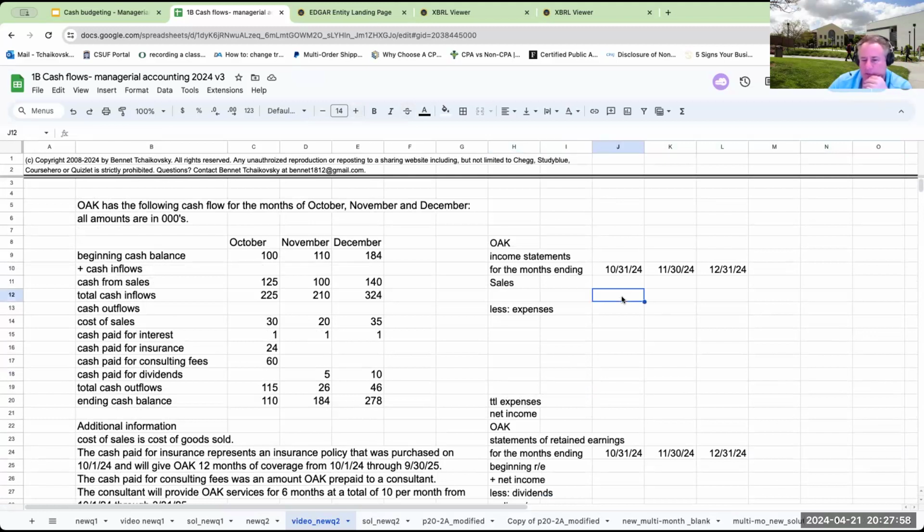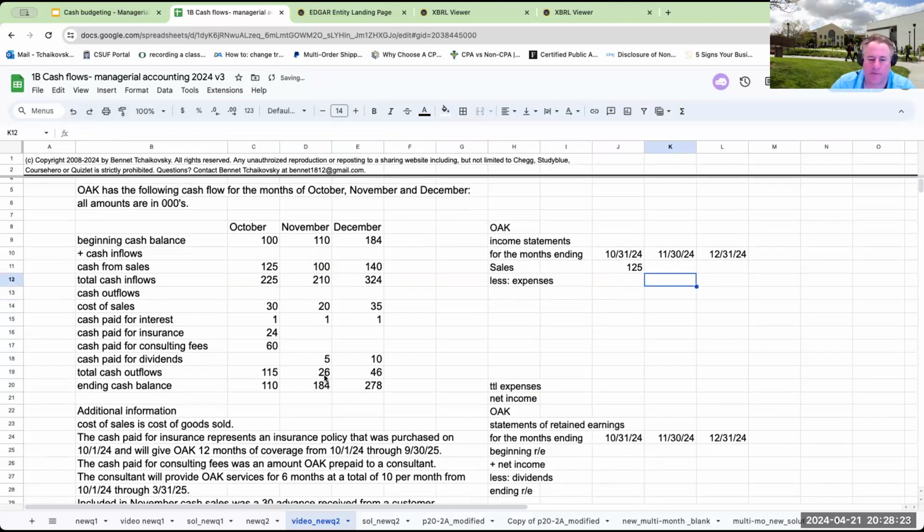Where do we start? Start with the income statement first. My sales are going to be 125,000 and 100,000, but oops, I think we kind of messed up.